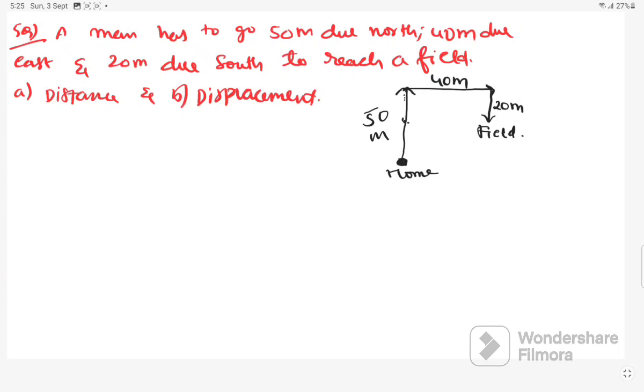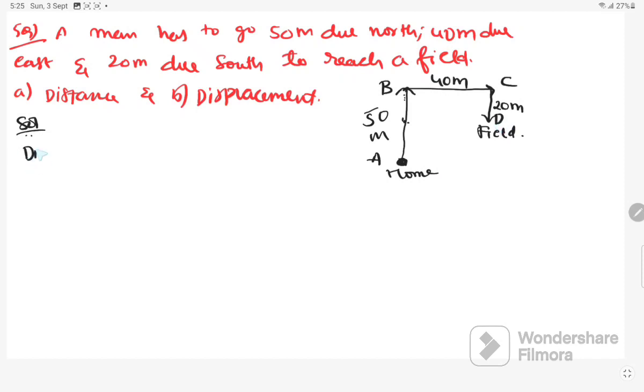See here now. First I'll tell you the distance. Then displacement, we have to go in a little bit technical way, students. Let us give names also here. This point is A. This point is B. This is C. This is D.